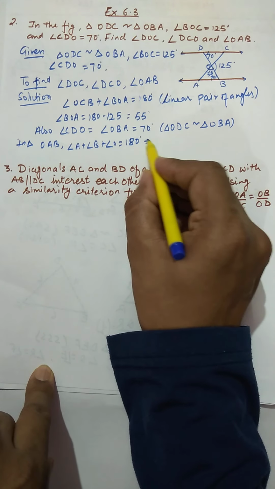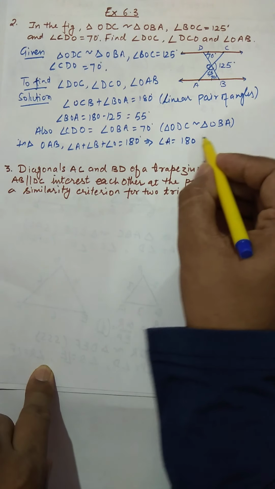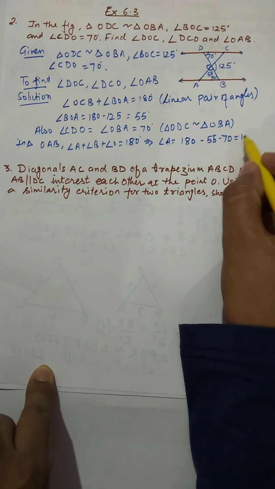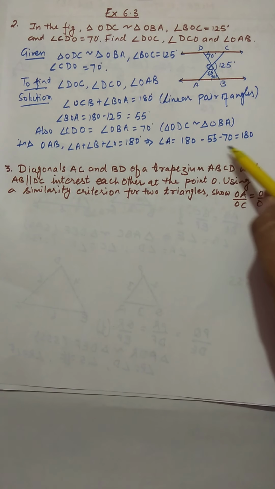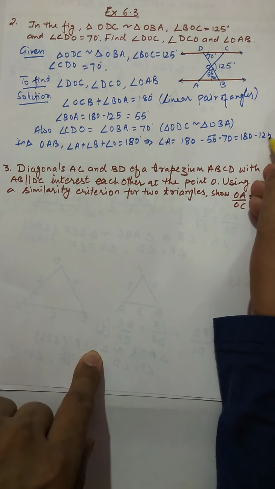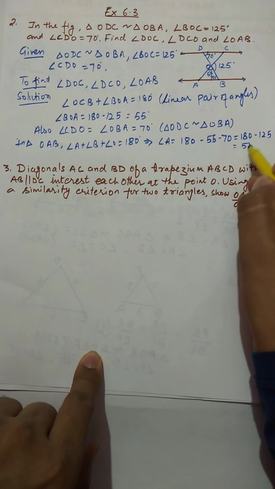So you have all these values, so angle A will be 180 minus 55 minus 70. So this is going to be 180 minus 125, so this is going to be 55.